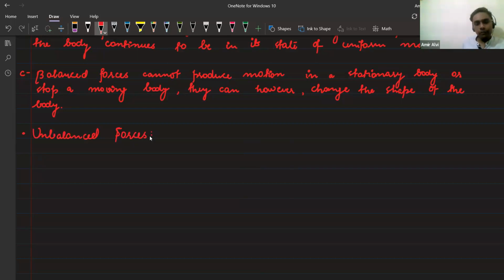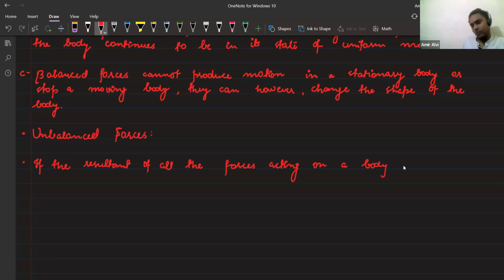Unbalanced force means that if the resultant of all the forces is not equal to 0, then the forces are unbalanced forces.